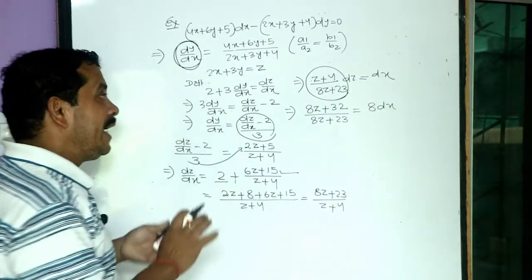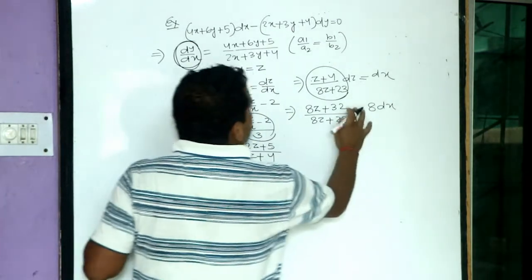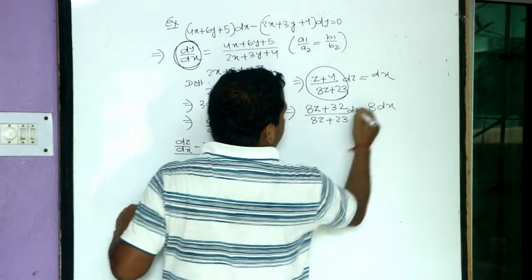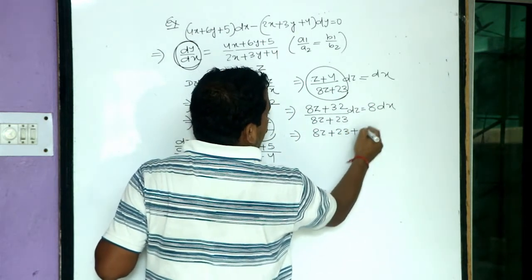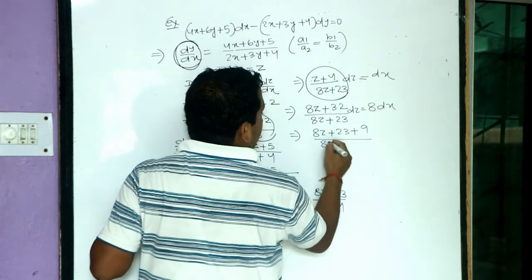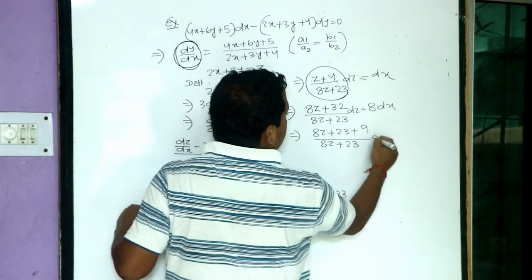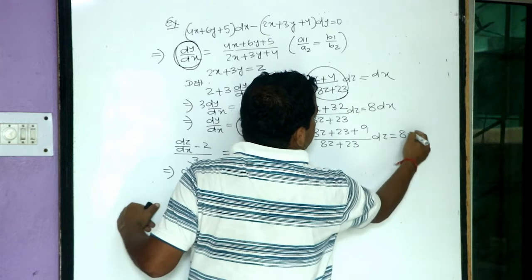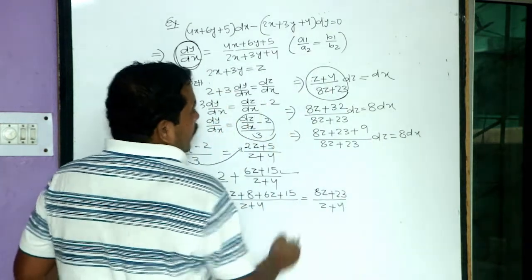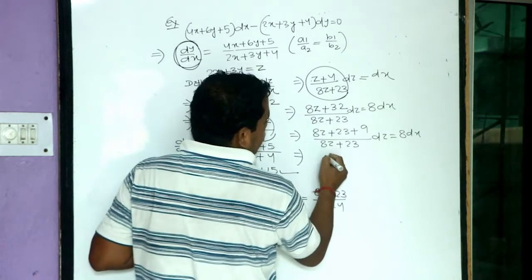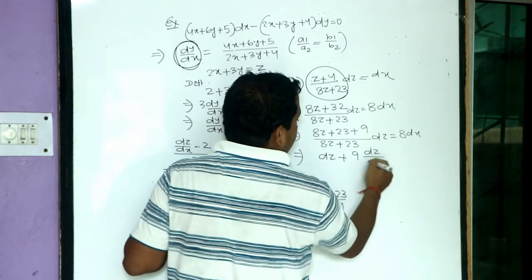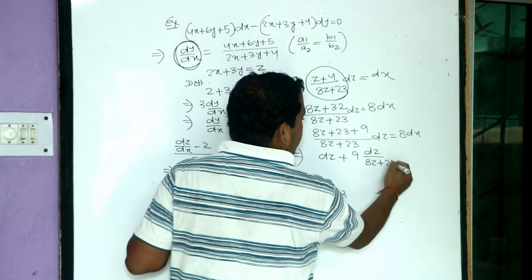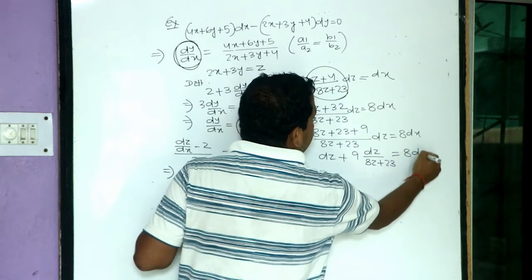We multiply 8 on both sides. Now (8z + 23 + 9)/(8z + 23) dz equals 8 dx. Now dividing this, we will get dz plus 9 dz by (8z + 23) equals 8 dx.